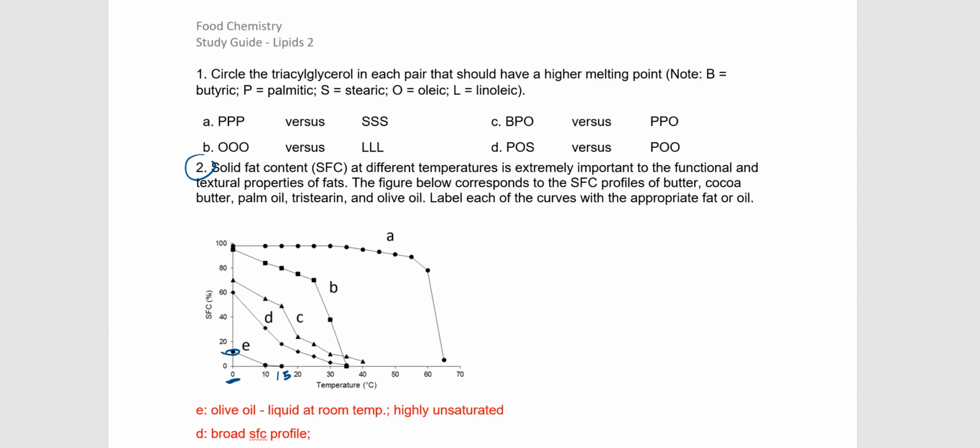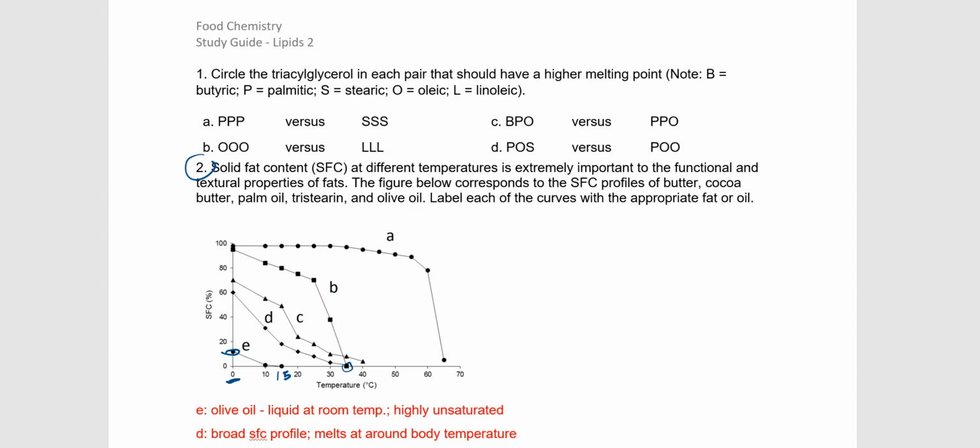It's like 35, 36. We can say this lipid melts close to body temperature, or maybe at around body temperature. Now we cannot make a prediction with just this information, so let's move on.